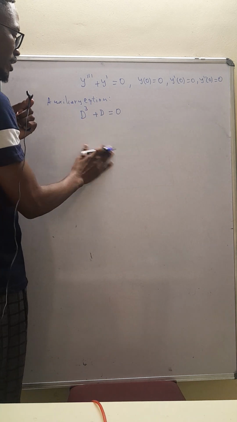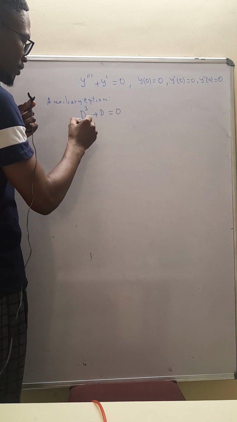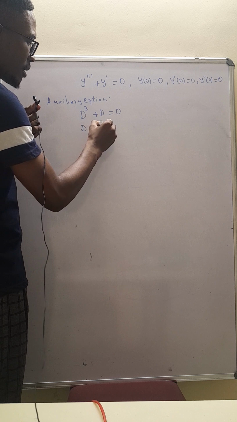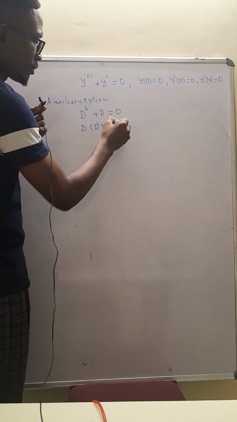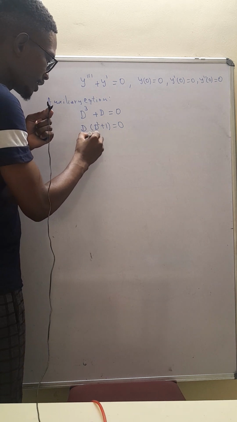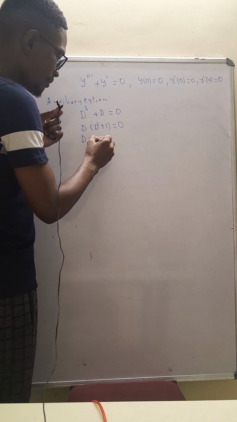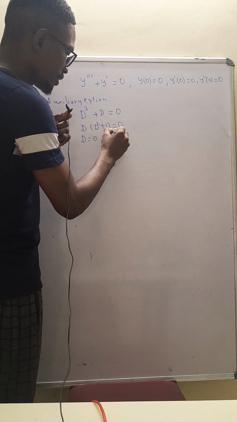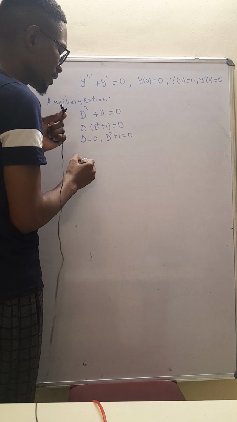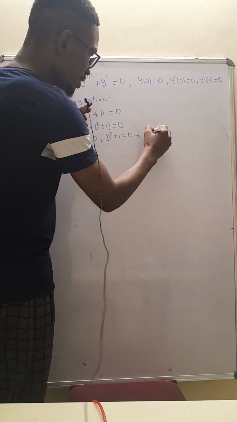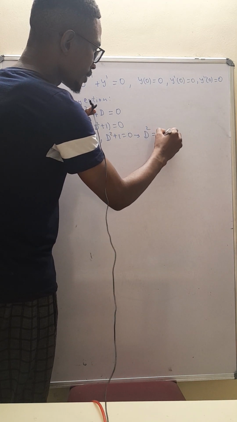This equation, as we can see, is very easy to solve. Just take d common, so this will be d times d squared plus 1 equal to 0. Now see, here we have d is equal to 0, and d squared plus 1 must be equal to 0. So it means that d squared is equal to minus 1.